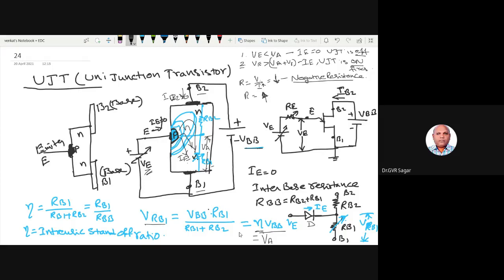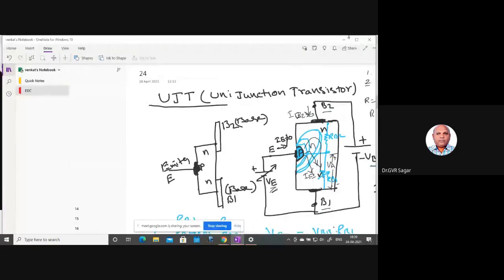So at this situation, there is a valley point, right? So this we can see in the transfer characteristics. Just I will go to the VI characteristics of UJT.